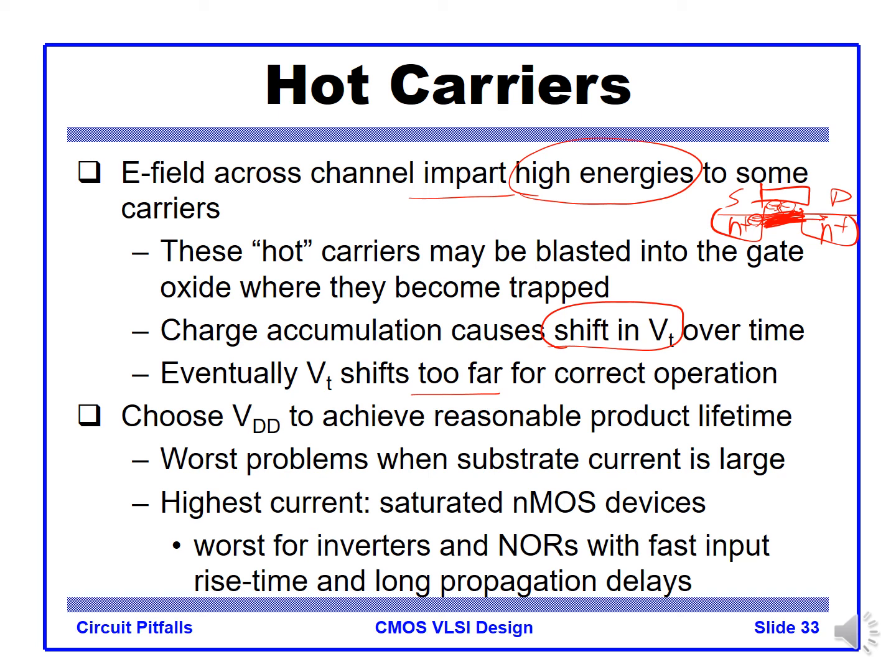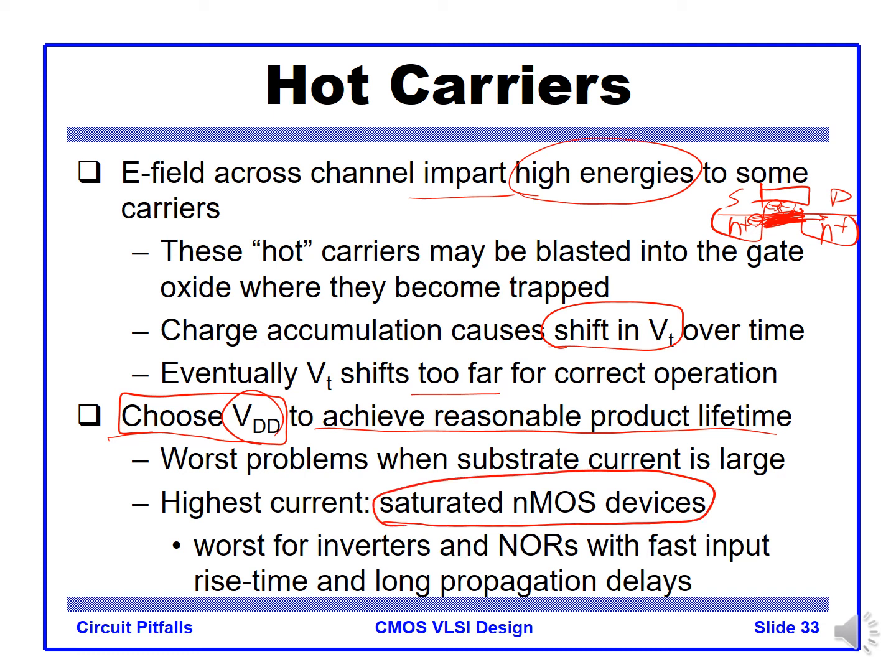So we need to choose an appropriate VDD to achieve a reasonable product lifetime. The worst problem is when the substrate current is large, so we have to try to minimize the substrate current. The highest current in the device comes from the saturated MOS transistors.